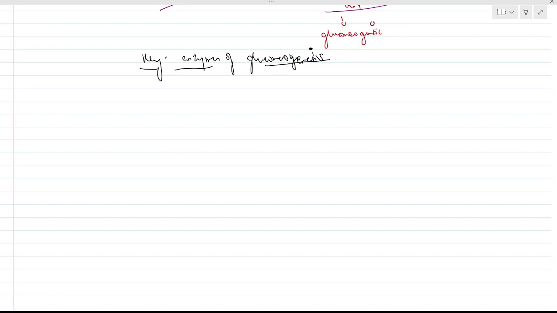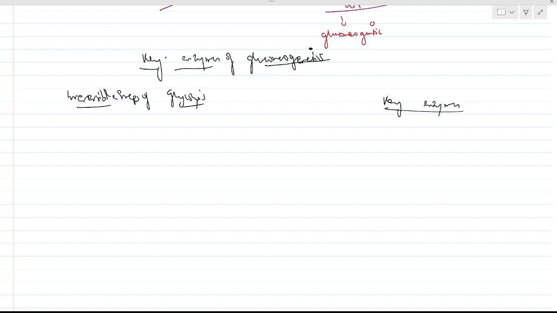We sometimes believe that gluconeogenesis is the complete opposite of glycolysis, but it is not entirely true. We are going to debunk that theory here. Here we will have the irreversible steps of glycolysis, and here we have the key enzymes of gluconeogenesis.